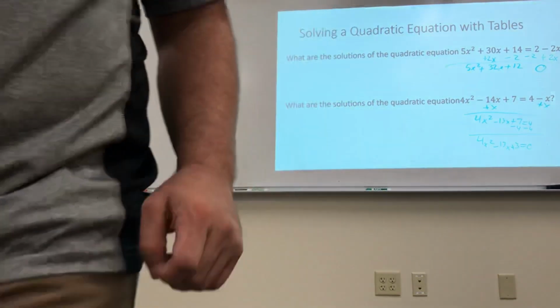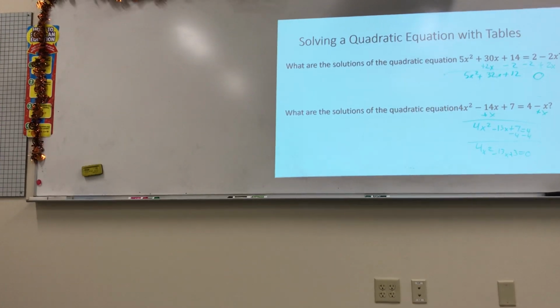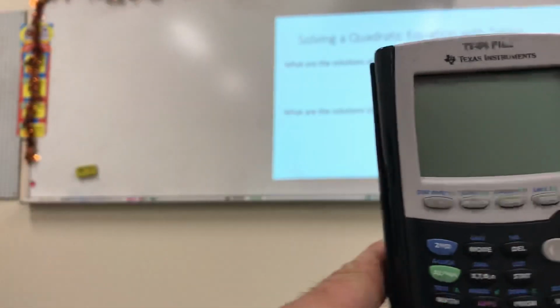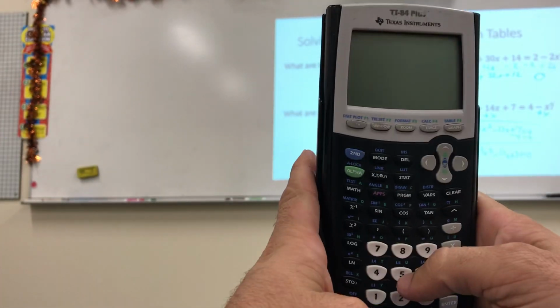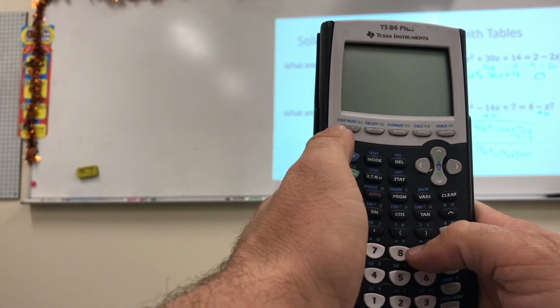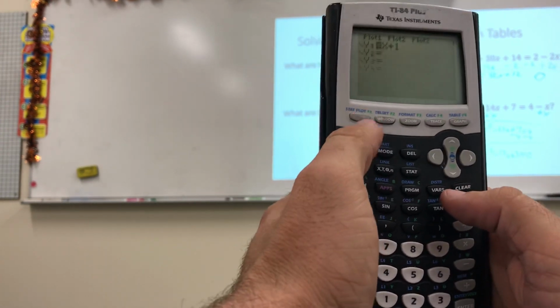Now, what it teaches you is you're supposed to use your calculator for this. So hopefully we can see everything here. Alright, I'm going to go y equals, I've got to turn it on first. Clear. I'm going to go to this y equals.